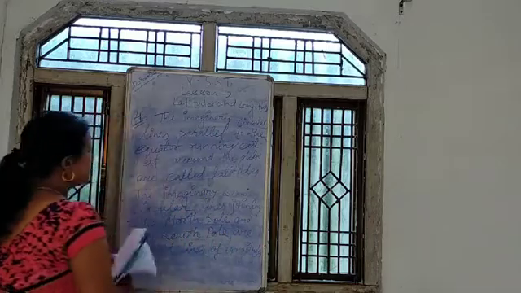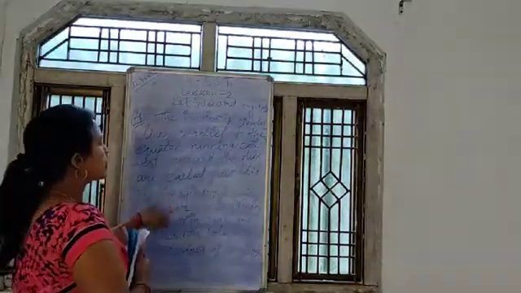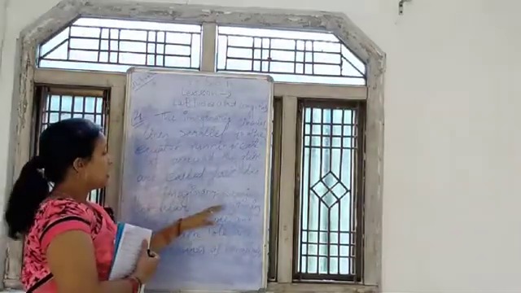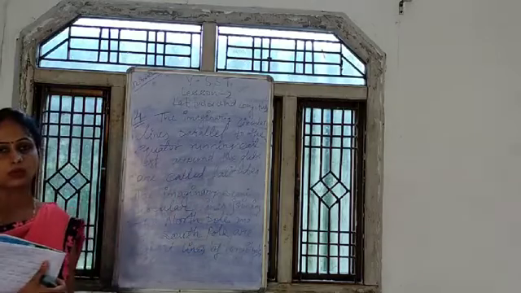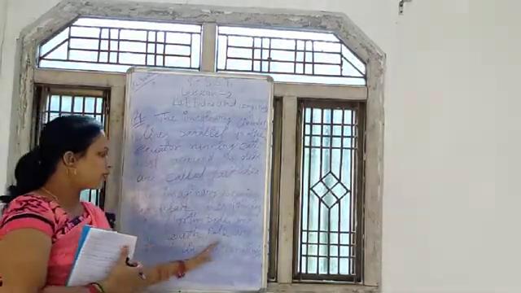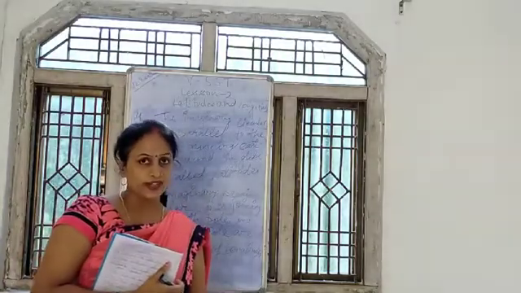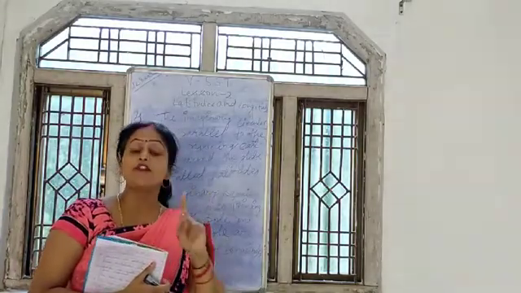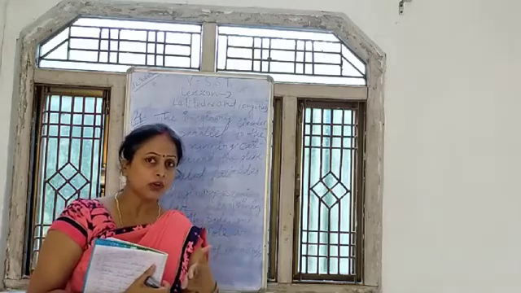Okay. Now this is also an imaginary line. The imaginary semicircular line joining the north pole and the south pole are called lines of longitude. From north to south pole when it joins, they are called lines of longitude. It is a vertical line, no?